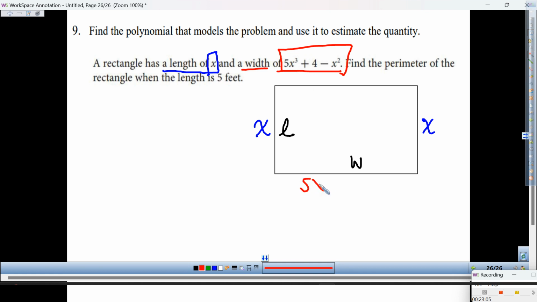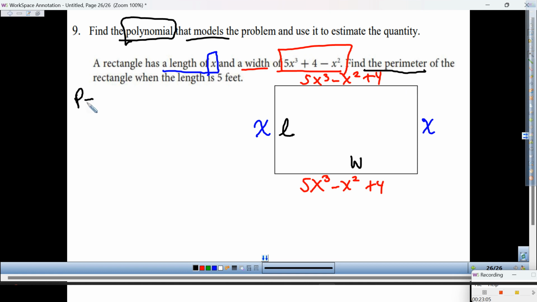So 5x cubed minus x squared plus 4. We write that twice. 5x cubed minus x squared plus 4. And it says, find the perimeter. Now this is what I want to see, because they want us to show a polynomial that models the perimeter.